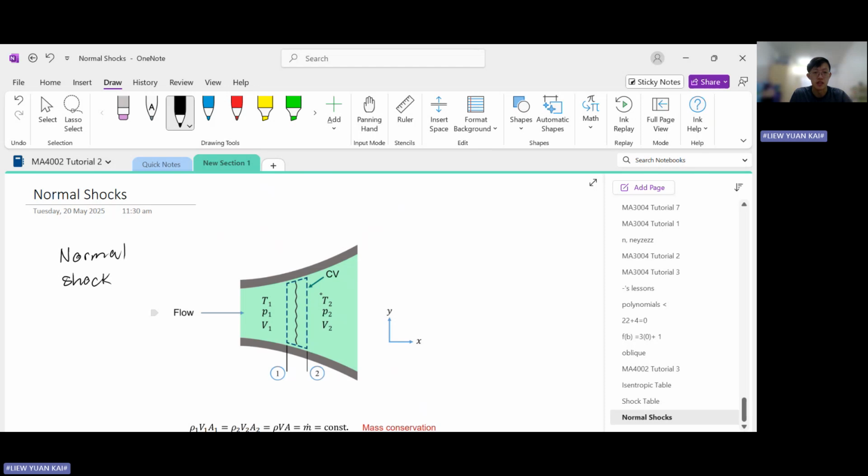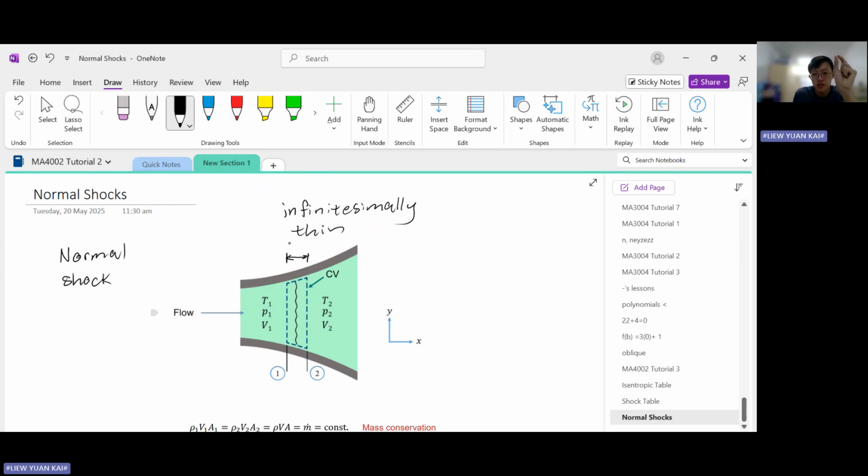What are the important parts? We consider the shock to be infinitesimally thin. Let me write that down. I mean the thickness of the shock, we consider it to be infinitesimally thin.